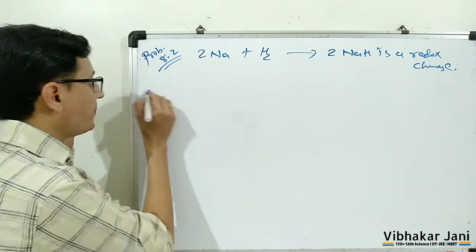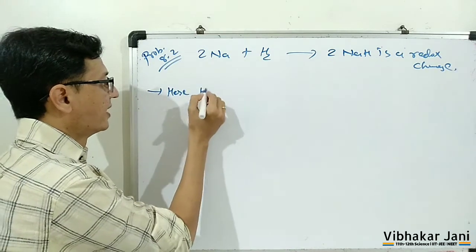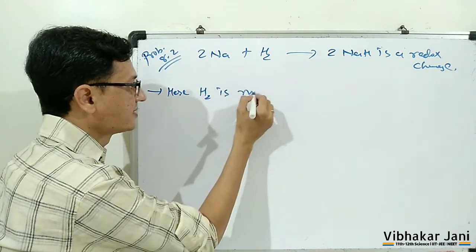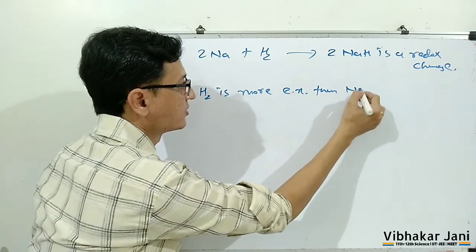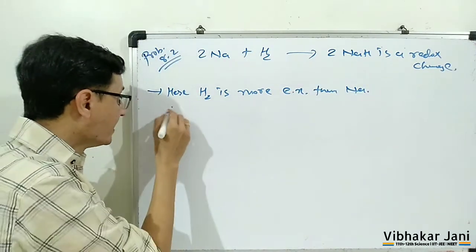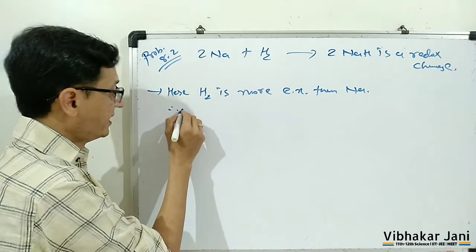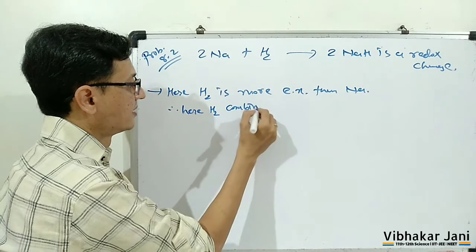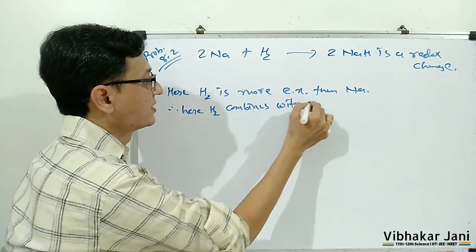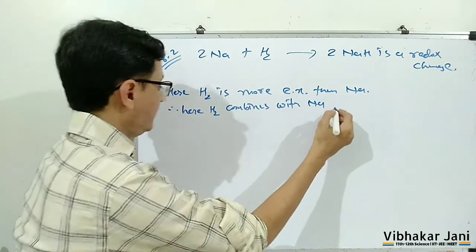Now here, hydrogen is more electronegative than sodium. Therefore, here, hydrogen combines with sodium.